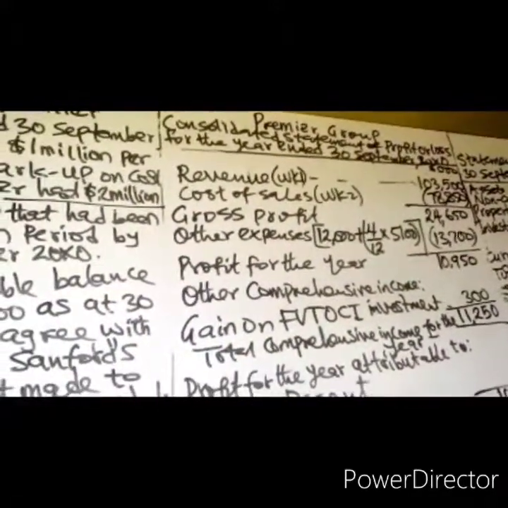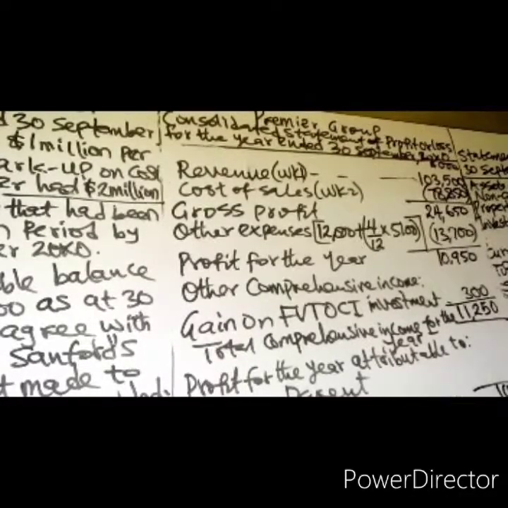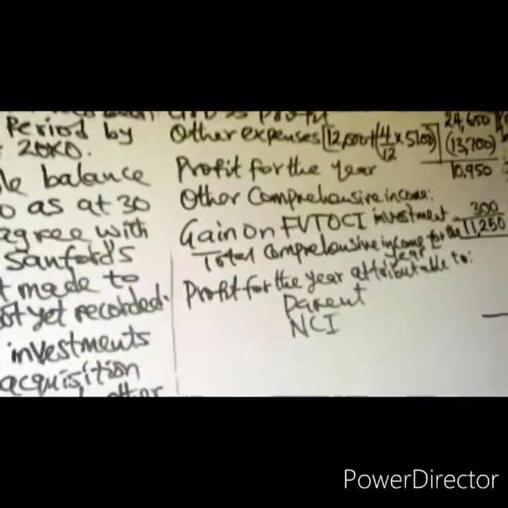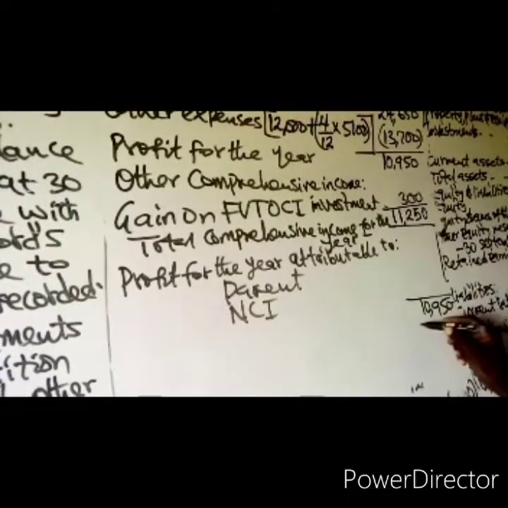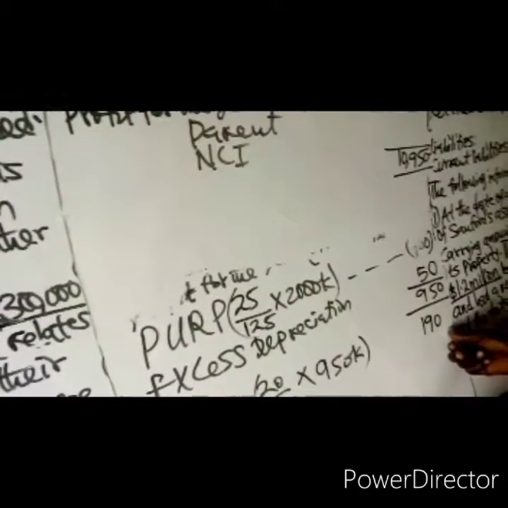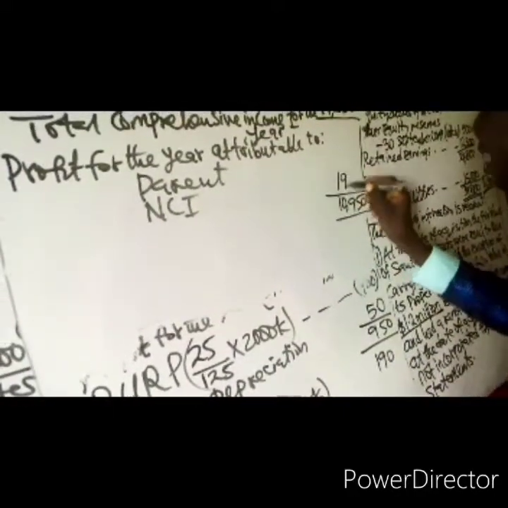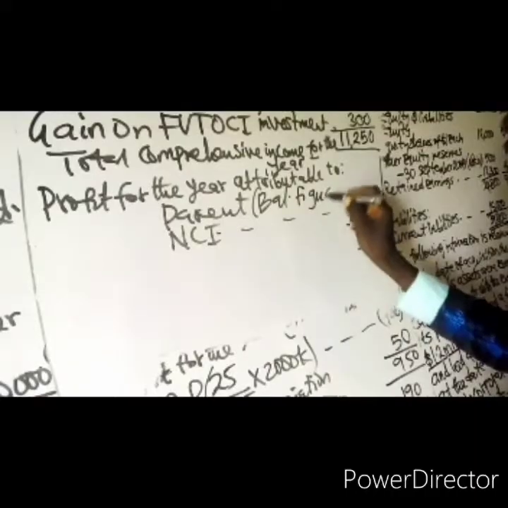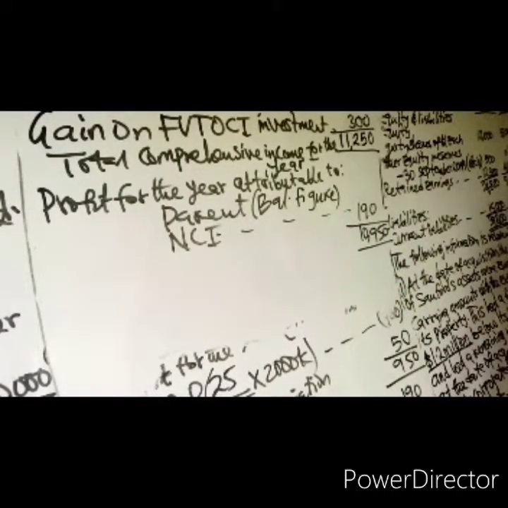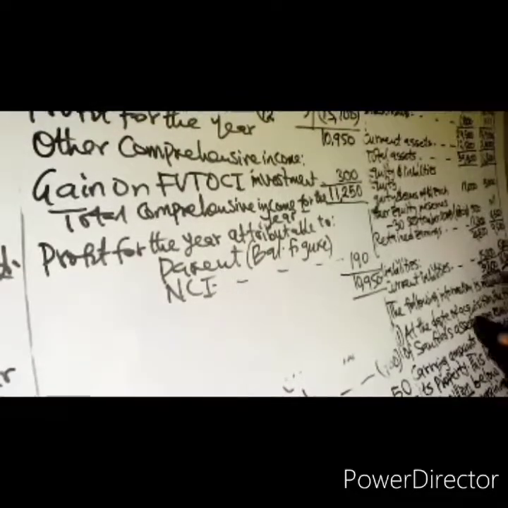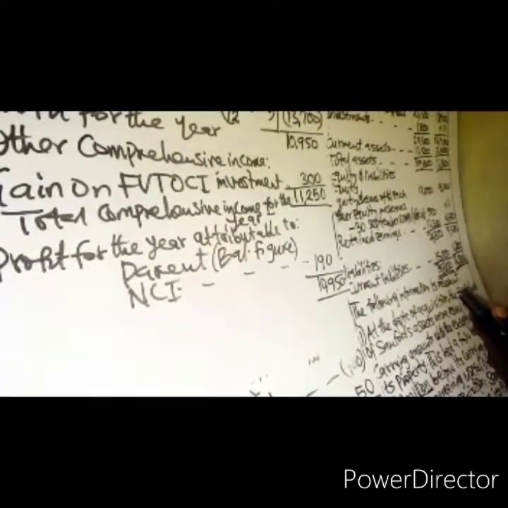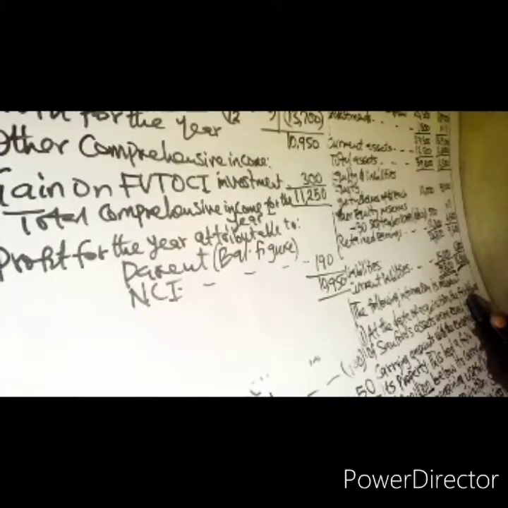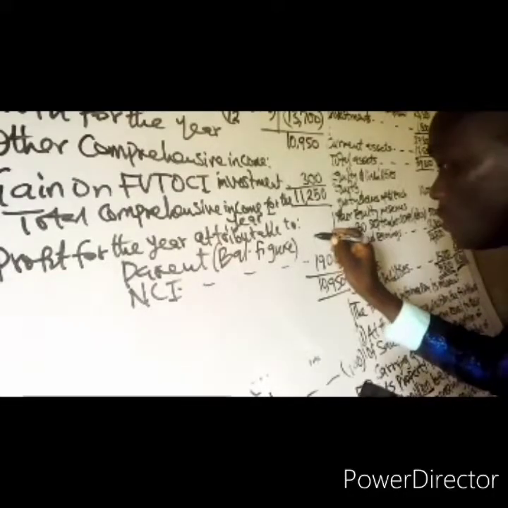The NCI is 190. If you insert that 190 as NCI, then the balancing figure will be the one that is attributable to the parent, and that will be 10,950 minus 190, and that will give us 10,760.